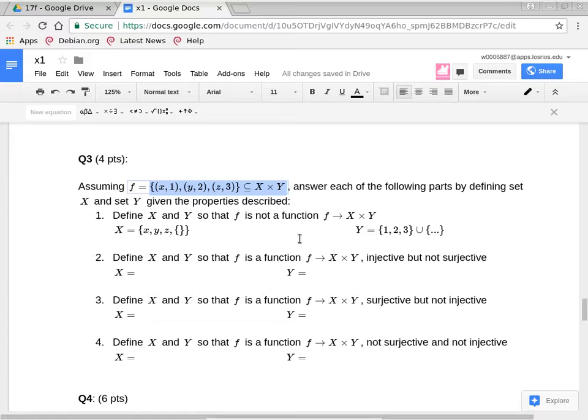Just because A minus B is an empty set does not make A a subset of B. Let me think. Nope, I take it back. It is actually going both ways. If everything in A can be found in B, then A is a subset of B.